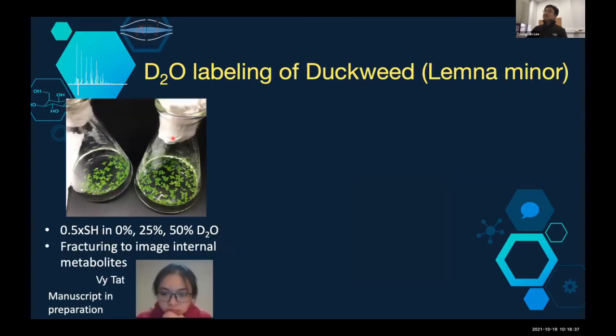But then more recently, this is some research that is still in progress that we obtained in the summer. We grow duckweed in D2O because duckweed, as an aquatic plant, grows quite well up to 50% D2O.